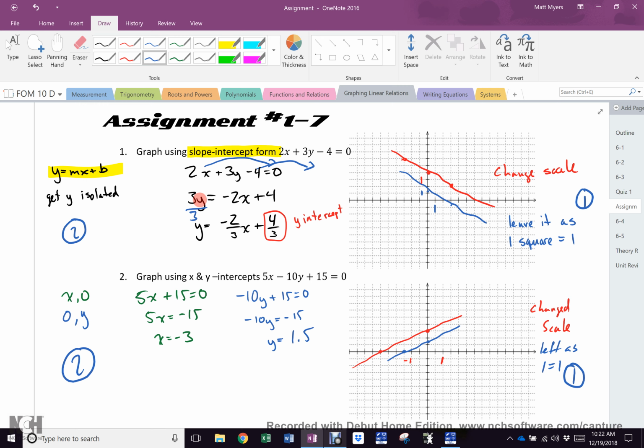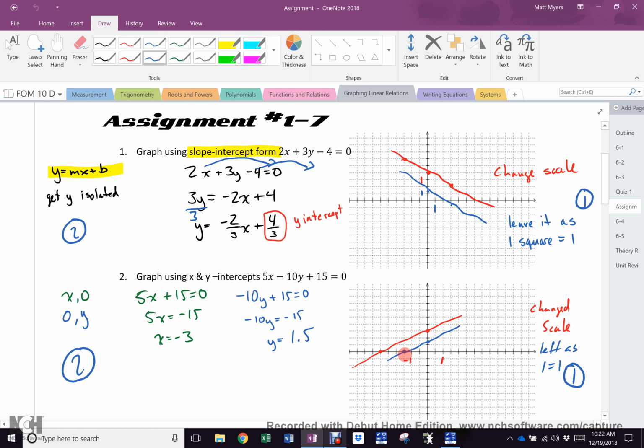All right. Number 2, same thing. I use my 2 intercepts. Where did the y go here? Well, y was 0, so I didn't have to care about it. Then I just do algebra. Again, I got a fraction, so I made each square worth a half on the red line. If you're uncomfortable changing the scale, I put my blue dot halfway between 1 and 2, which is 1.5.